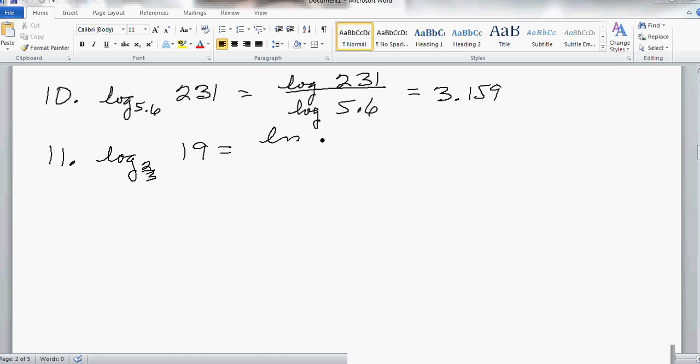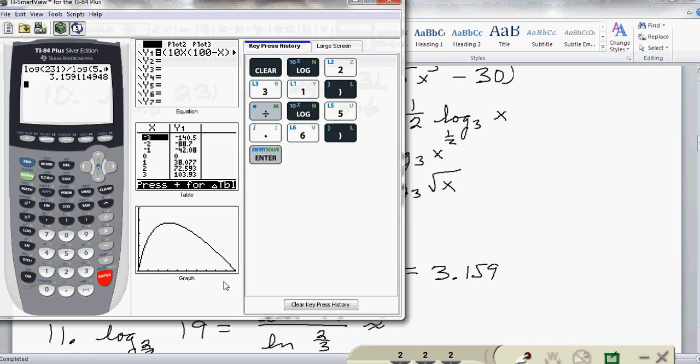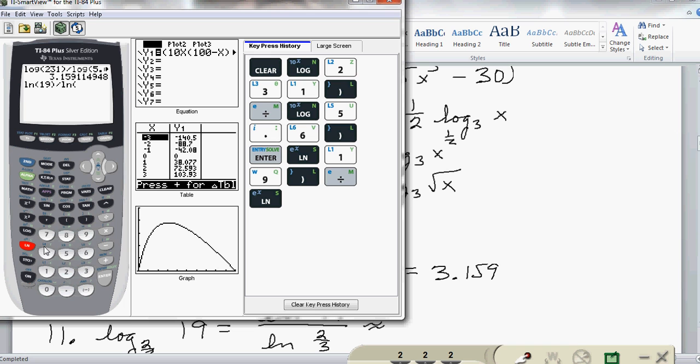That's the only thing you have to do. So we're going to take the natural log of the argument, which is 19, over the natural log of the base, which is 2/3. And so using our calculator, this time use natural log instead, it doesn't really matter. I just want to change things up. So we're going to have the log of 19 divided by the log, or natural log, of 2/3.